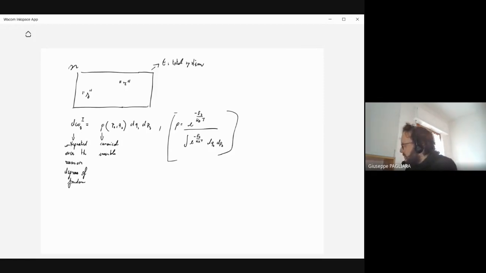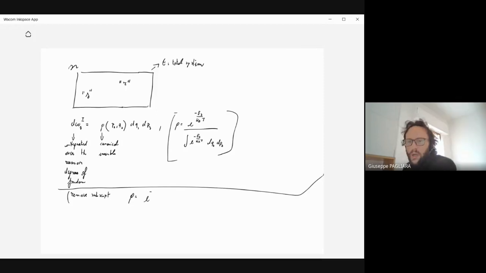Let us remove the subscript S and write in the following way. We say that rho is equal to e to the minus, and here I can write, without making any error, the energy or the Hamiltonian, which at the classical level are the same quantity.